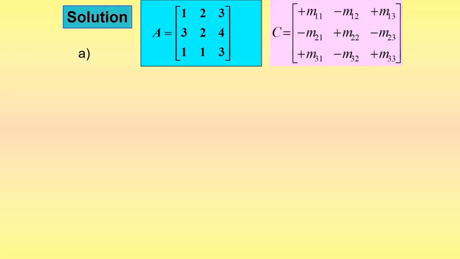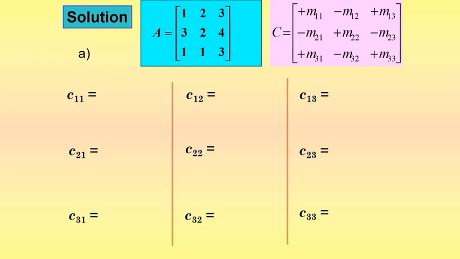Okay, in order to find the adjoint, you have to remember about these two things: the cofactor matrix. Okay, so we have 9 entries because of 3 by 3 matrix. So you have to find C11, C12, C13, C21, 22, 23, C31, 32, and C33. Okay, in order to find the C11, you have to remember the sign and also the minor.